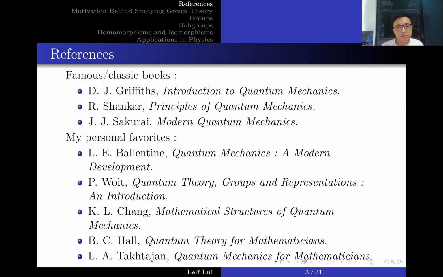On the other hand, there are two other books that are also quite standard, namely Shankar's Principles of Quantum Mechanics and Sakurai's Modern Quantum Mechanics. These two books, I would say, are not really for beginners, but to be honest, in my opinion at least, they can be treated as beginners' textbooks.